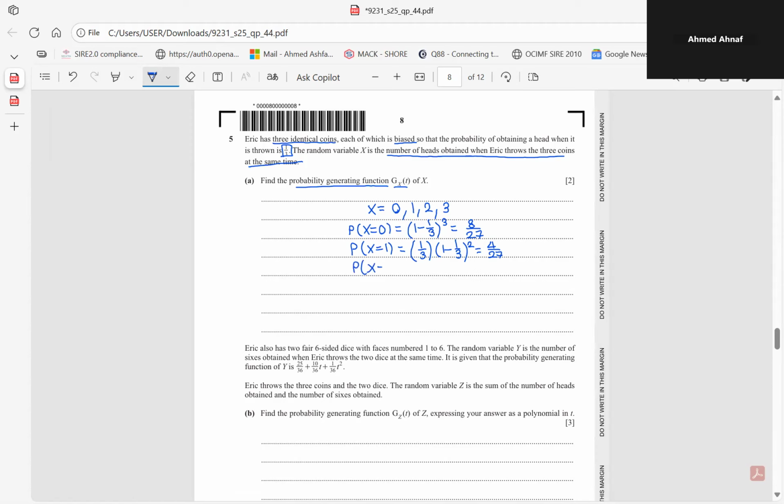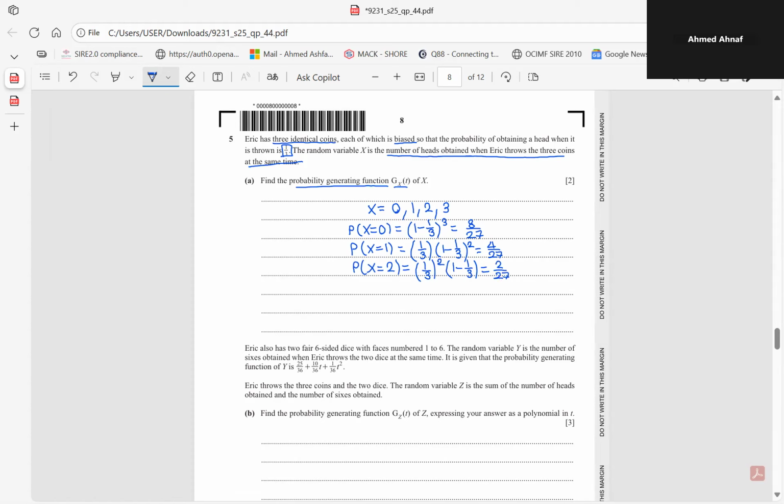P(X=2), you get 1/3 squared because two heads, and then only one tail, so times (1 minus 1/3), you get 2/27.